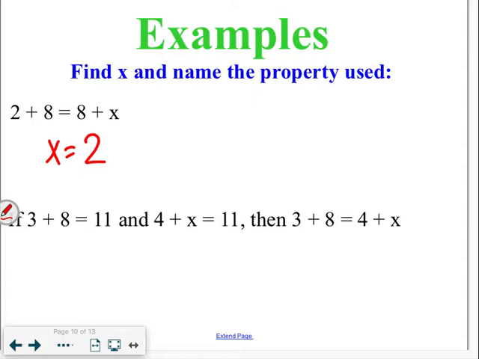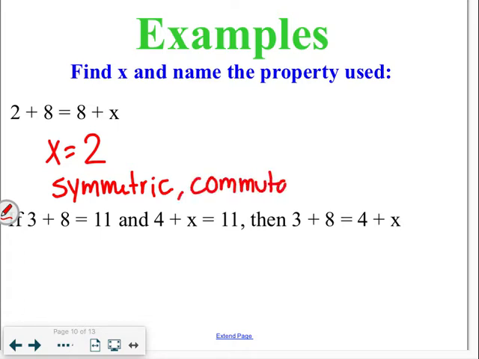If you wanted to go with the properties of equality, you could say the symmetric property. Again, that is the one that allows us to say both sides of an equation are equal. The other one that you could do if you wanted to talk about the algebraic properties is the commutative property, which says that we can change the order of addition.